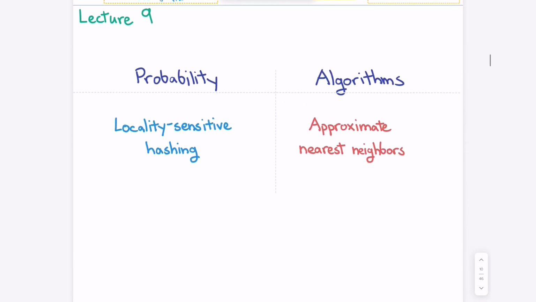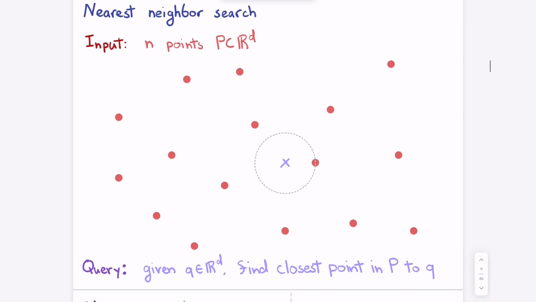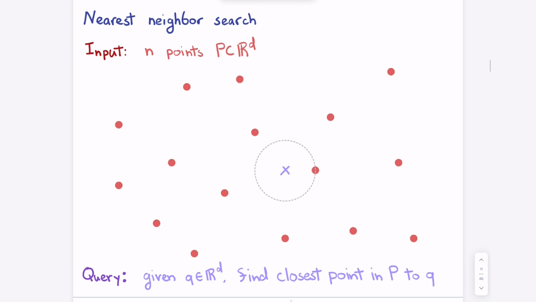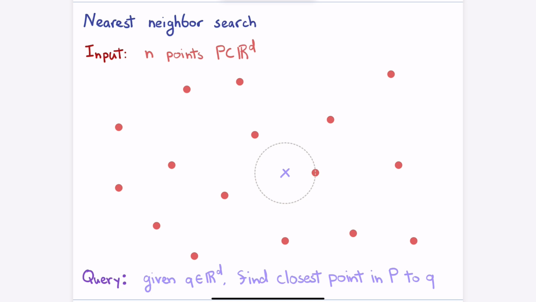Today, our application is something called approximate nearest neighbors. I'll introduce that in a moment. And sort of an interesting approach to it called locality-sensitive hashing. So nearest neighbor search is exactly what it sounds like.